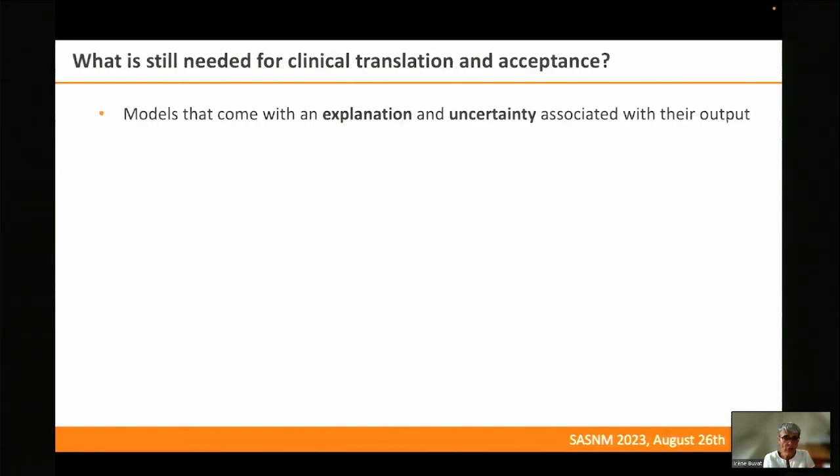And last, to facilitate the adoption of models in clinical routine, it is desirable to develop models that come with both an explanation and also a degree of confidence so that the user can decide how he wants to integrate the model results in his decision.